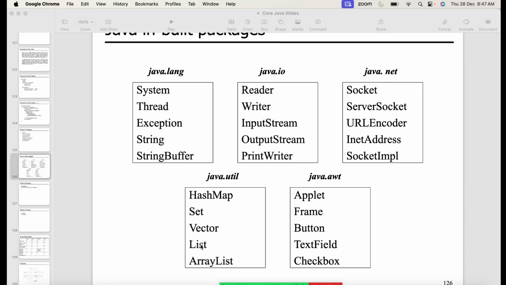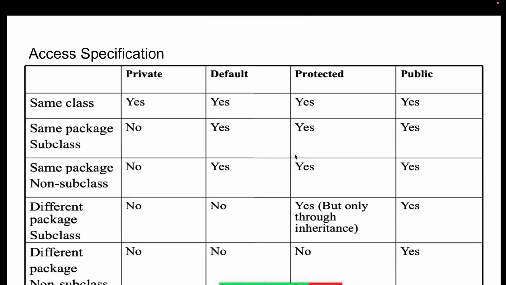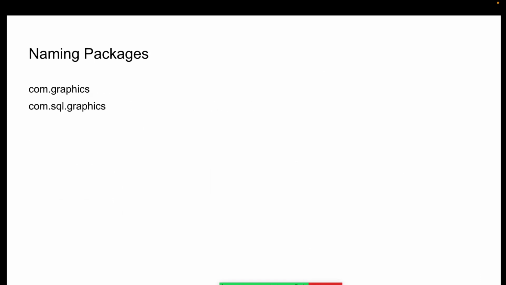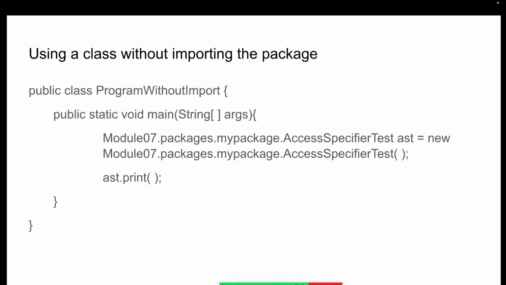We have used List and ArrayList as of now. So that was importing the packages. We have seen how we can create and name a package, and the use of access specifiers, and also using a class without importing the package.